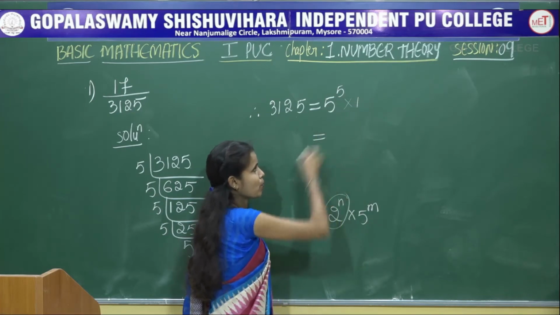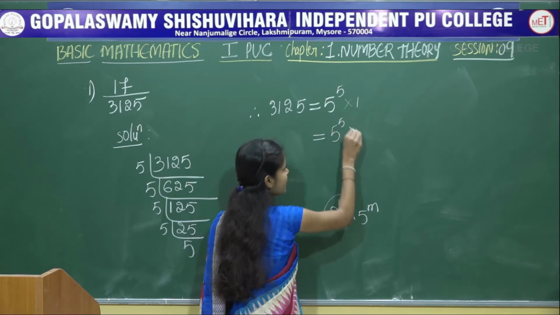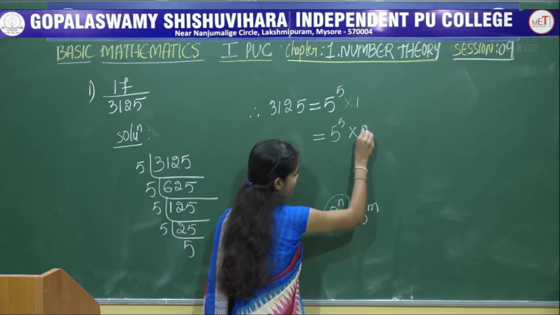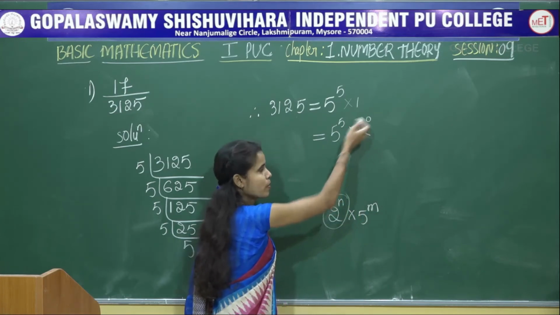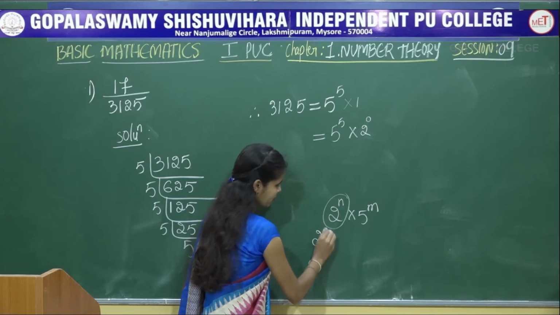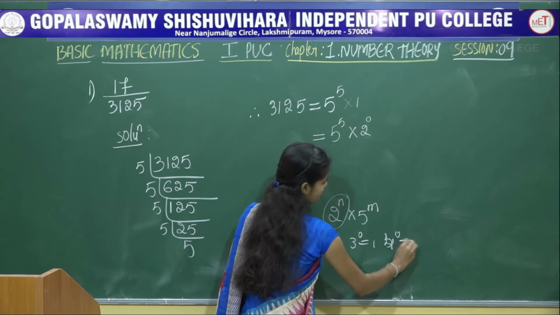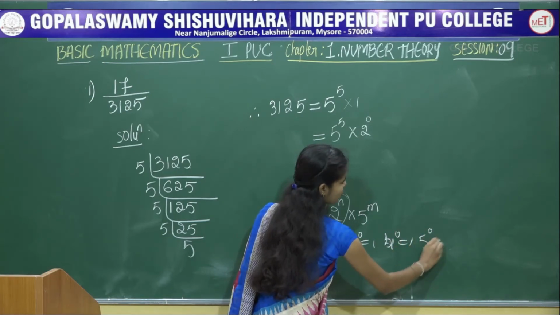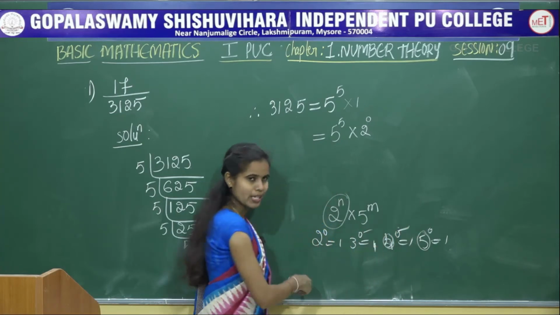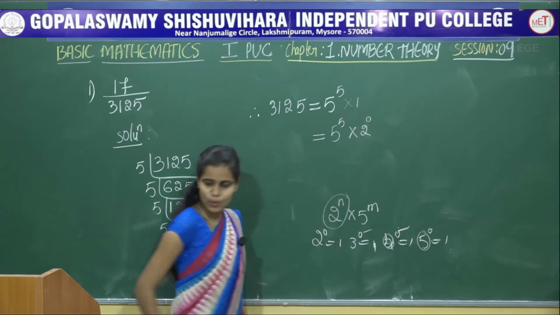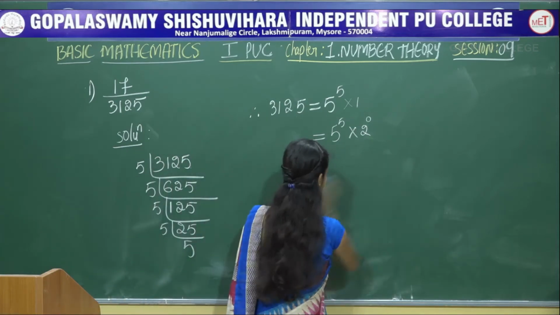So 1 can be written as 2 to the power of 0. 2 to the power of 0 is equal to 1, 3 to the power of 0 is 1, 4 to the power of 0 is also 1, 5 to the power of 0 is also 1. So anything with power 0 is equal to 1. Therefore we can write 1 as 2 to the power of 0.